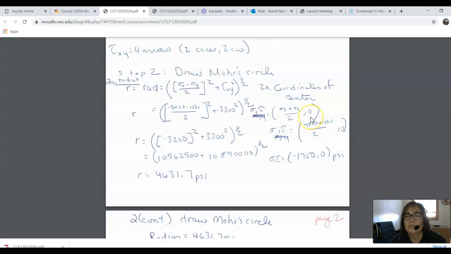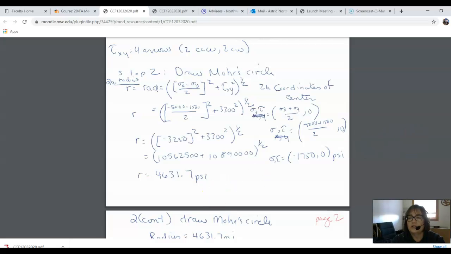So the circle is centered at some coordinate on the sigma axis and 0 on the tau xy axis. That value is sigma x plus sigma y over 2, and the coordinate on the tau axis is always 0. So I come up with coordinates of negative 1750 psi and 0 psi.